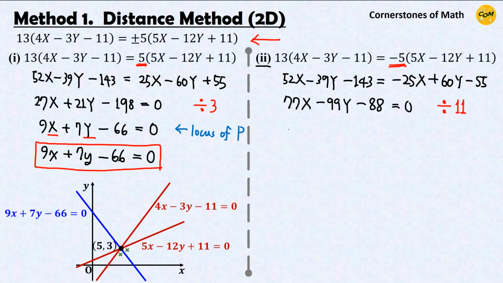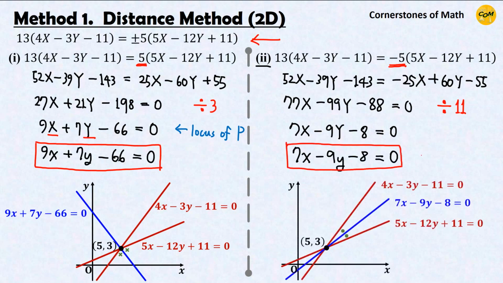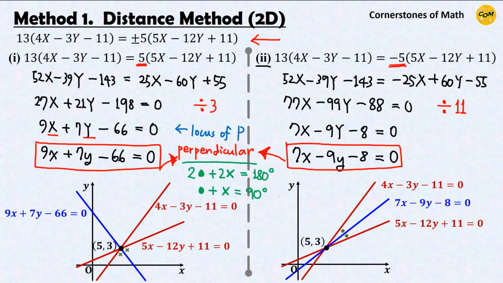We can divide both sides by 11, which gives 7x minus 9y minus 8 equals 0, which means that we have obtained the line 7x minus 9y minus 8 equals 0. This is the bisector of the smaller angle between the two lines. So we have obtained two angle bisectors. And from the equations, we know that these two angle bisectors are perpendicular, which is consistent with basic geometry.